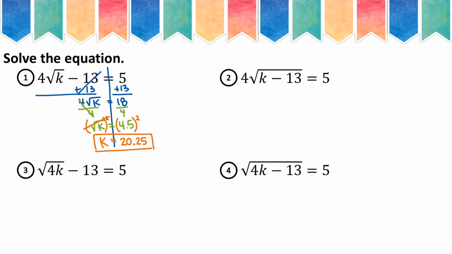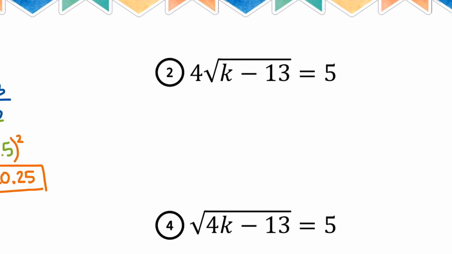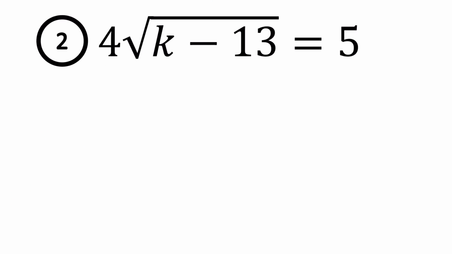But now let's look at example number 2. So when I look at example number 2, and I look at my square root, I notice that the only thing outside of the square root is the 4. So that must come first because it is outside of the square root.